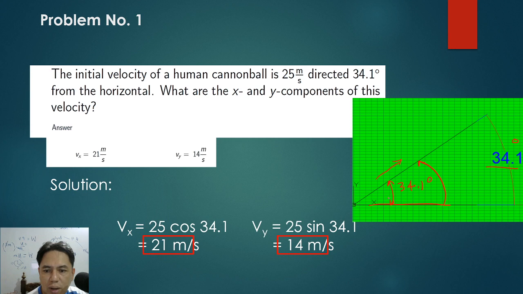What are the x and y components? Now, if I may use another color, if we have 25 meters per second, that is considered the so-called hypotenuse, the resultant.